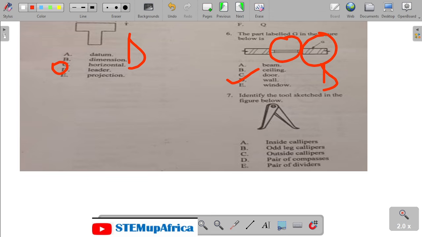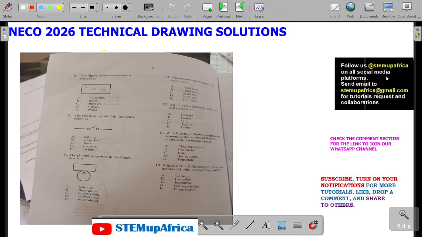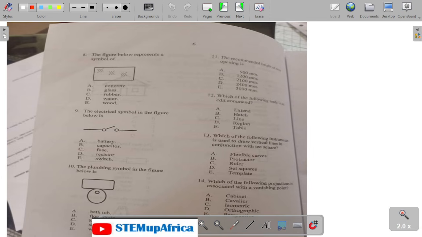This is an outside scriber, which is C. Go to question 8. The figure below represents a symbol of what? This is glass. We have one for wood, one for concrete, and one for ceramics and the rest.